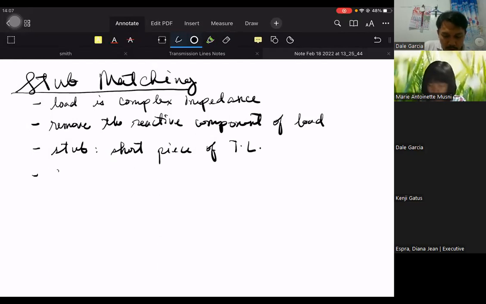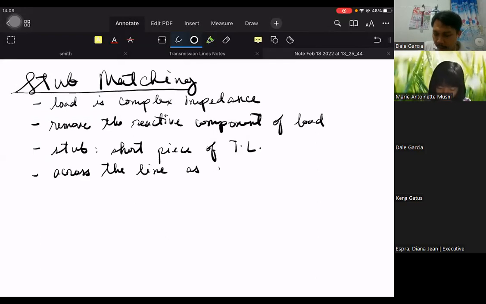The susceptance of the stub is used to tune out the susceptance of the load.